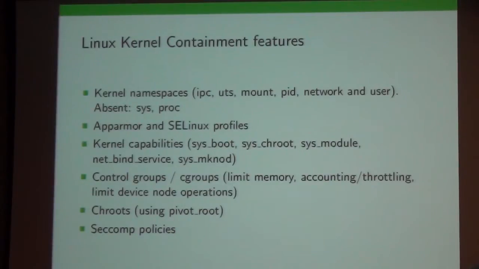It's a trick, because lots of Linux system-level containers with an init would come up and try to create lots of device nodes, and those would fail all over the place. So they let them create them, but they're not going to be able to access them. Then with the accounting and throttling, you can actually do really neat things.